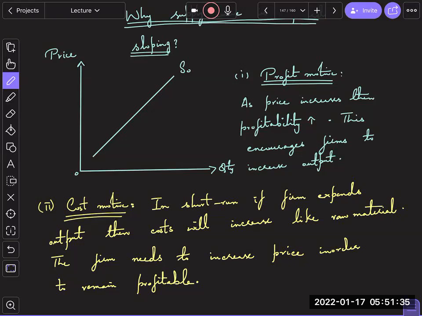In order to increase their output, a firm will experience that their cost will be higher, like ordering more raw material, more labor, and other direct expenses going up. And in order to maintain the same level of profitability, the firm needs to increase the price. So that is why we have a positive relationship between price and quantity supplied.